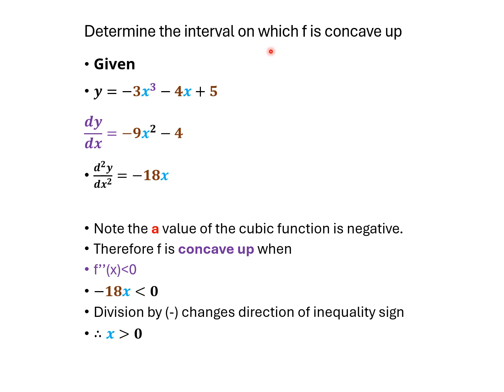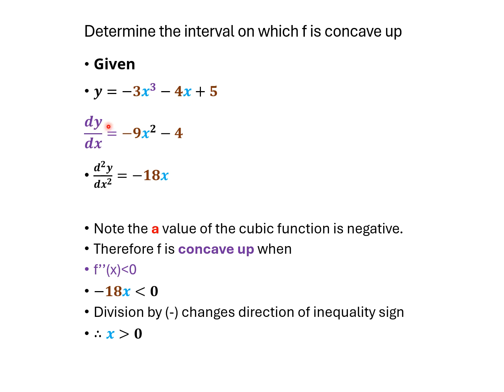Determine the interval on which f is concave up. So they've given me y equals minus 3x cubed minus 4x plus 5. So first derivative, 3 times negative 3 gives me negative 9. 3 minus 1 is 2. 1 times negative 4 gives me negative 4. 1 minus 1 makes it x to the power 0, so the x falls away. And 5, I assume you know by now, the first derivative of a constant is 0.